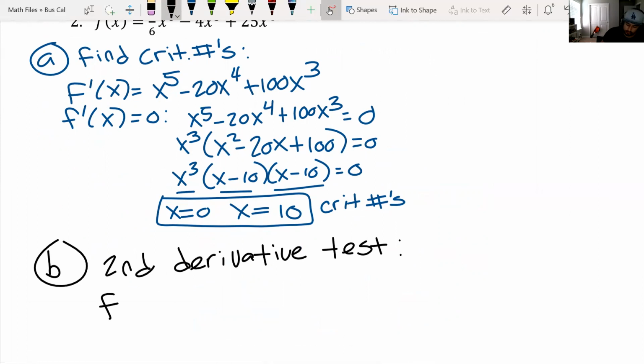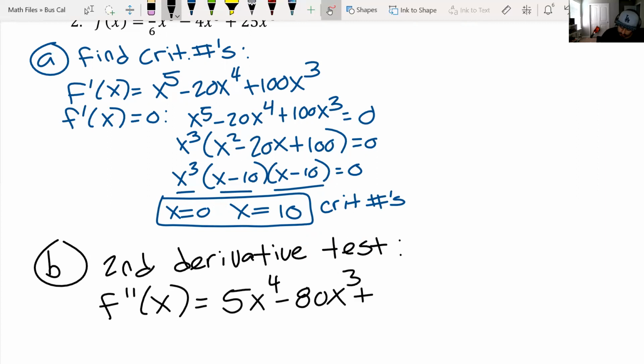So f double prime of x is 5x to the 4th minus 80x cubed plus 300x squared.